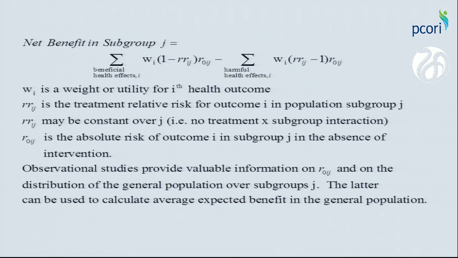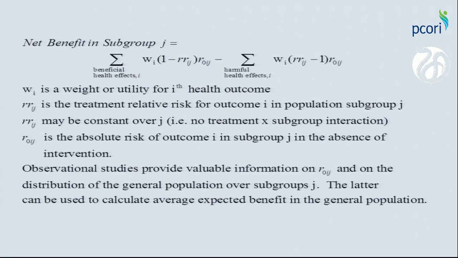And then we subtract off similar quantities, but since these are harmful, these relative risks will be greater than 1, let's say. And so we subtract off the bad stuff, and we get a net benefit for a person with particular characteristics that puts them in a subgroup J.